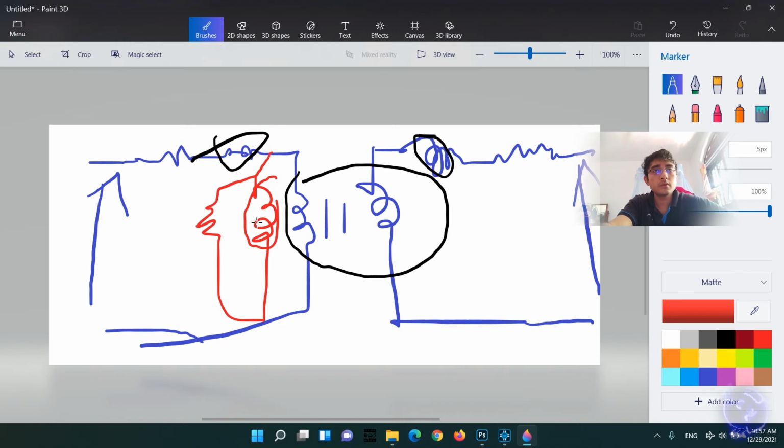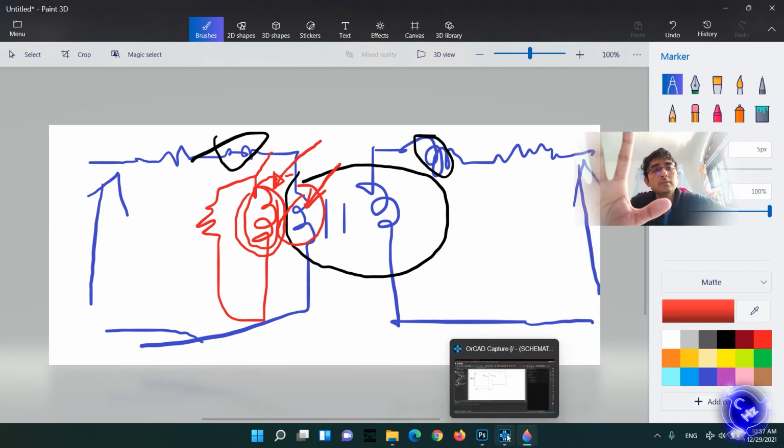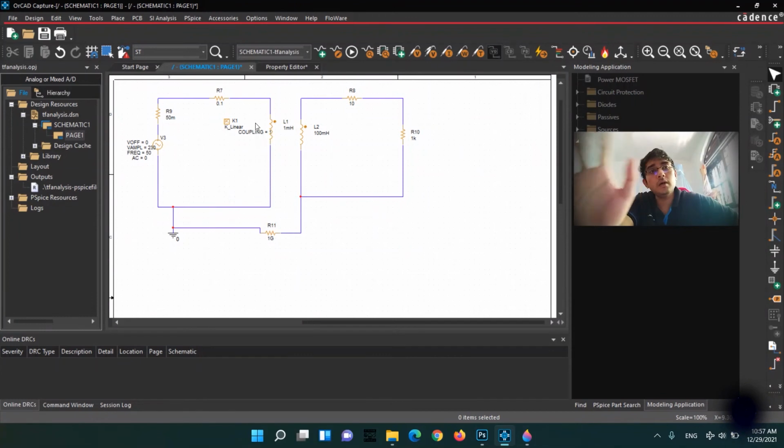Then these two are ideal inductances. This is my magnetizing inductance. You might be confused by these two. What is this magnetizing inductance and what is this one? What is the difference between these two? This is an ideal one. The inductance of this ideal one is a very large value.